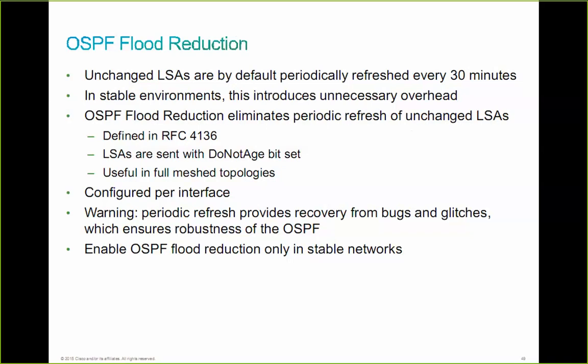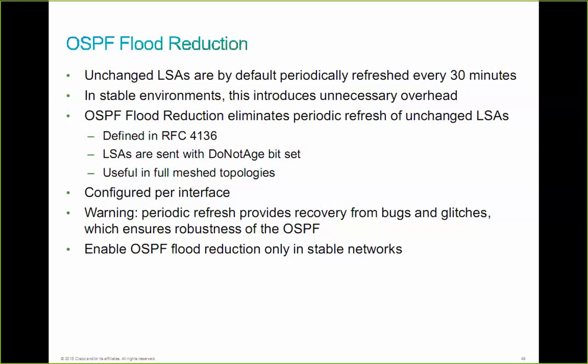So if I don't receive updated information or the same information about an LSA within a 3,600 second period, I'm going to assume that LSA is no longer valid, and I'm going to flush it from the database.